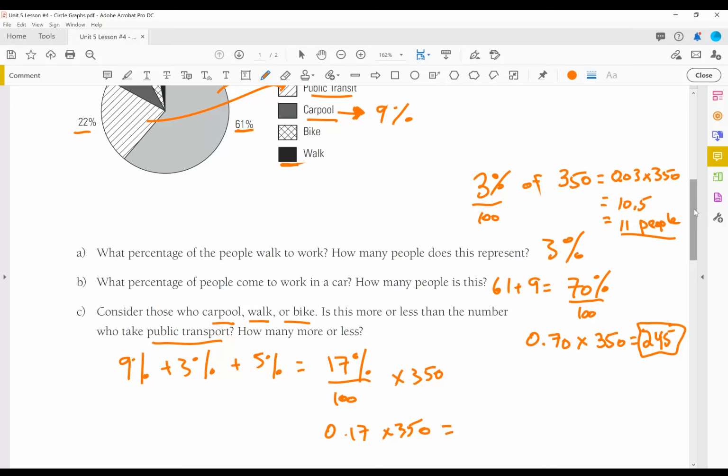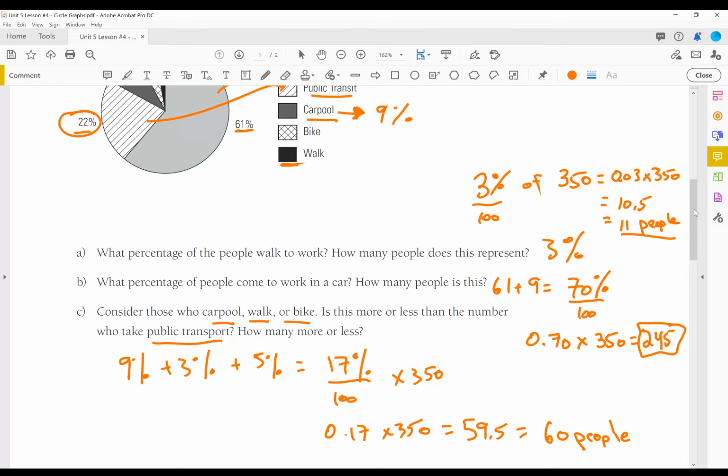As a number of people, 0.17 times 350 is 59.5. So I'm going to round that to 60 people. That's the number of people who carpool, walk, or bike. I'm going to compare that to the number of people who take public transit, which is 22%.